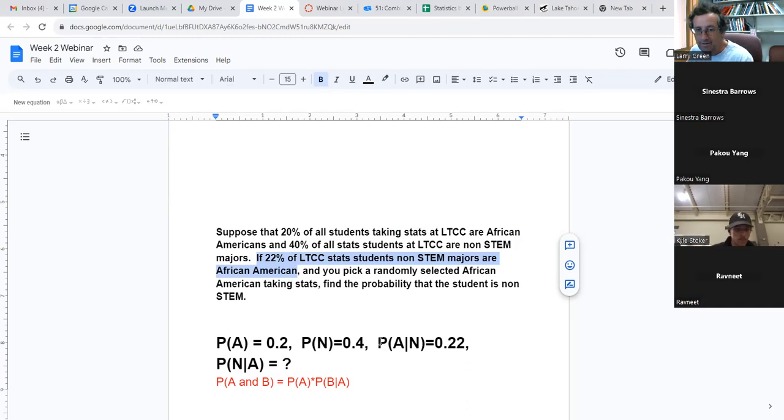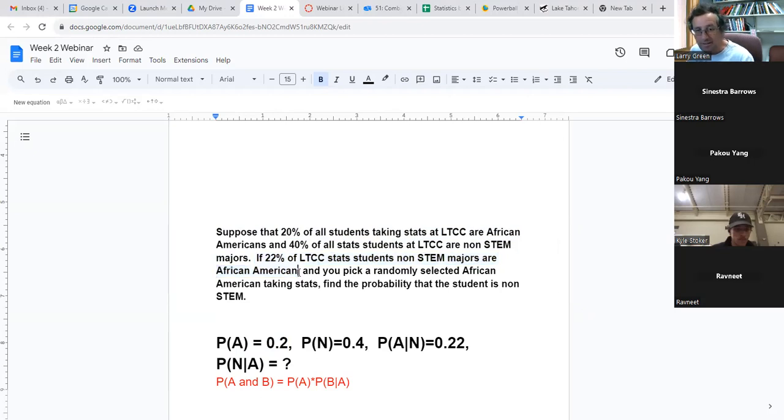The way we write that down is P for probability, parenthesis. We want the probability of being African American, that's A, given, and we use that little vertical line segment, non-STEM, that's N. Close the parenthesis, and that probability was 22%, which as a decimal is 0.22. That was a little bit harder, but not impossible. Any questions at all on that phrase?